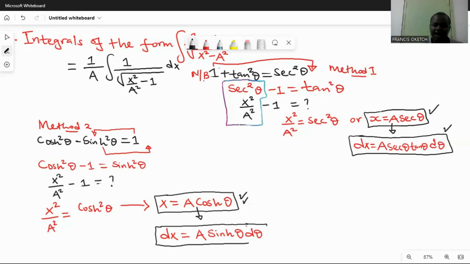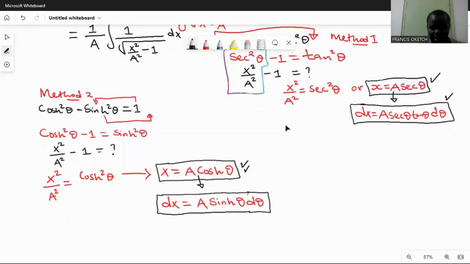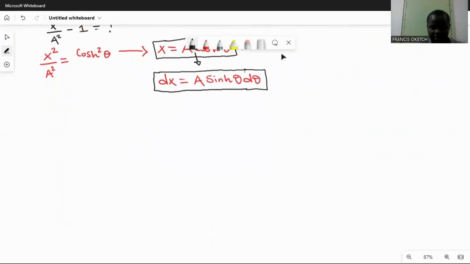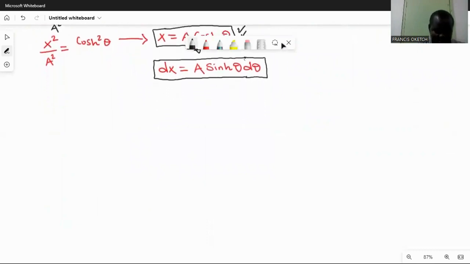So I am going to look at one or maybe two examples just to be able to illustrate this concept. So you can have an example, and in the examples you are asked to evaluate the following integrals.